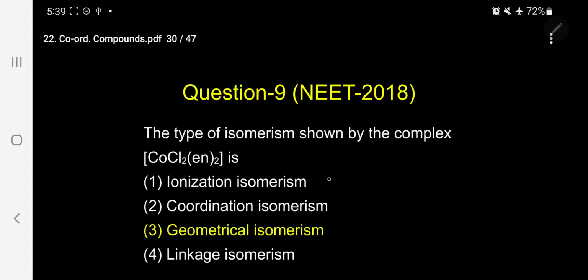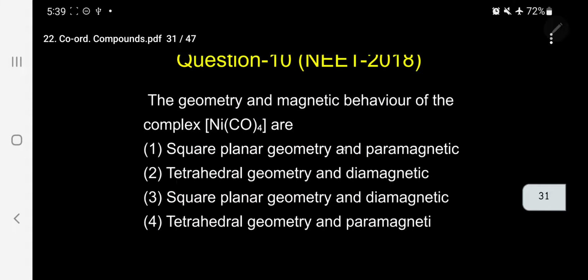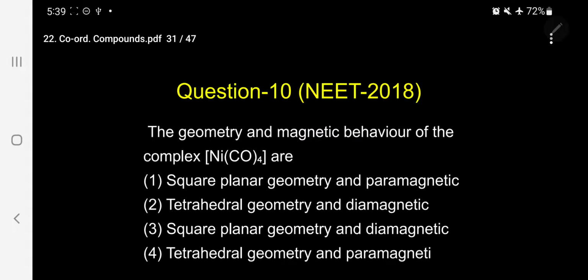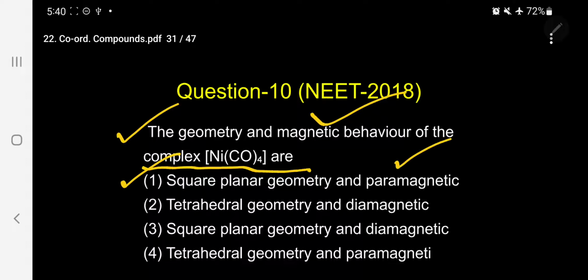You must understand. Next, question number 10. Let me go for the 10. The geometry and magnetic behavior of the complex nickel tetracarbonyl are: A, square planar geometry and paramagnetic; B, tetrahedral geometry and diamagnetic; C, square planar geometry and diamagnetic; D, tetrahedral geometry and paramagnetic.